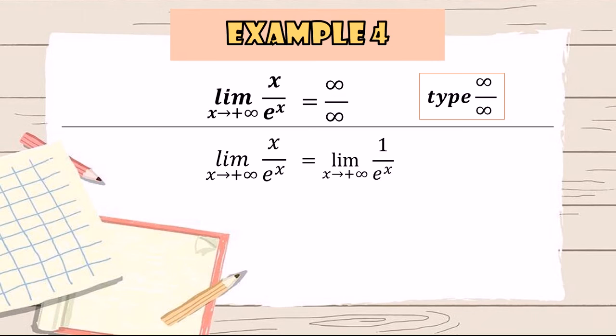So now we can use direct substitution. So we have 1 over infinity, which equals 0. Whenever you have a fixed number divided by an infinite number, you're going to get 0.